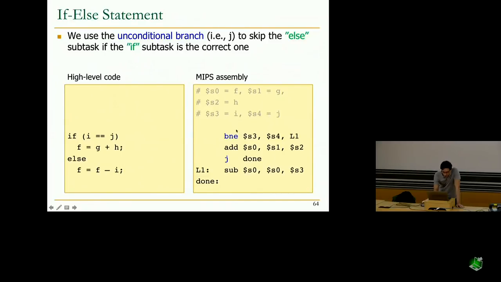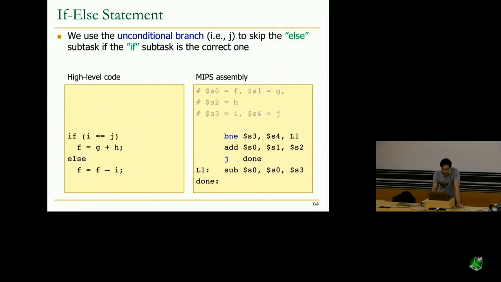If they are different, we go here to L1 where we subtract. If they are equal, we execute this addition corresponding to the addition in the high-level code, and afterwards we jump to done in order to skip the subtract instruction. Observe how we can change the execution order by using conditional branch and unconditional branch.